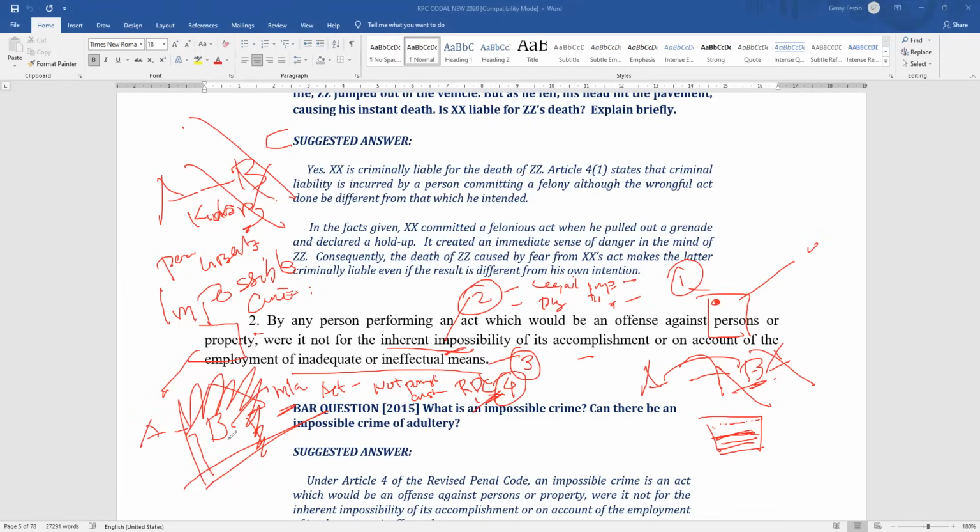He did not know at that time that B was already in Manila. Is there impossible crime? No. Why? Because that act is already punished under other provisions of the RPC. The crime that he committed is not impossible crime, but his act is already arson. So you have to be very careful in that.